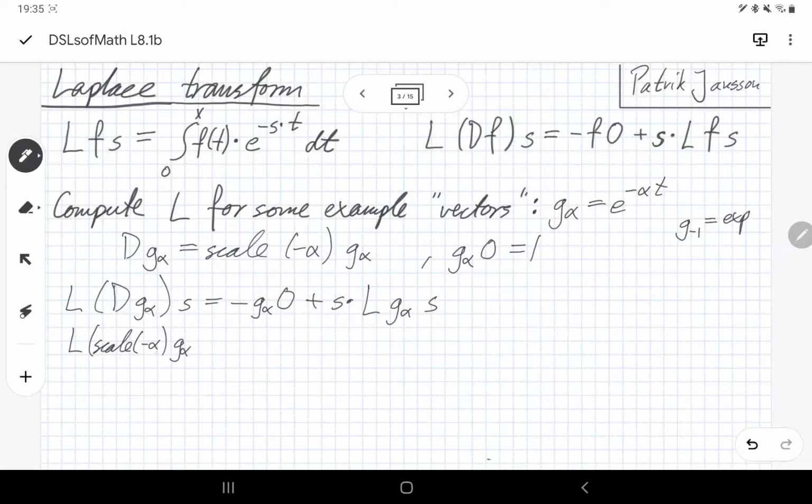So L of scale minus alpha of G alpha, in parenthesis S, equals -1 plus S times L of G alpha at S. And now scaling inside the Laplace transform, that's useful to prove separately, is just multiplication outside. So it's linear. So we get here minus alpha times the Laplace transform of G alpha at S. And still the right hand side is the same.